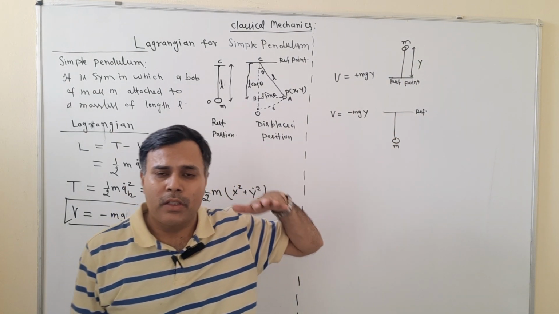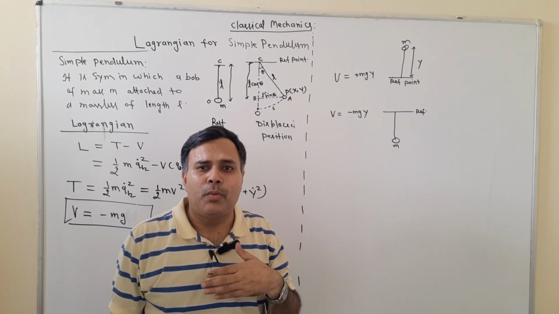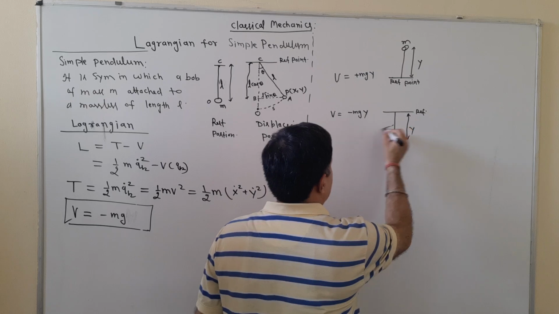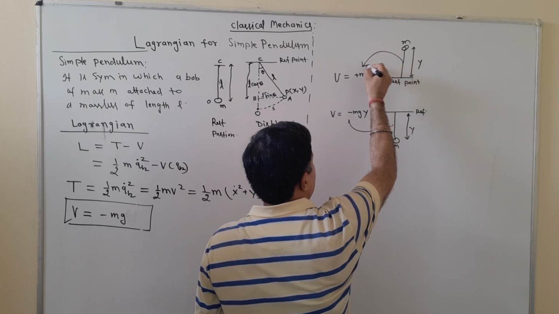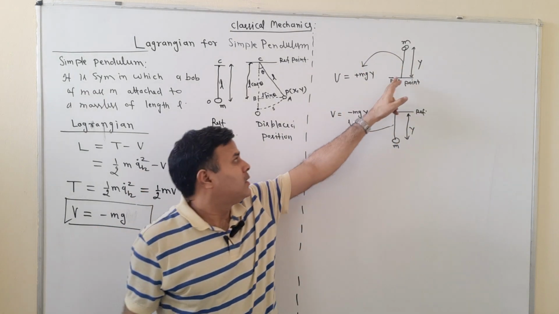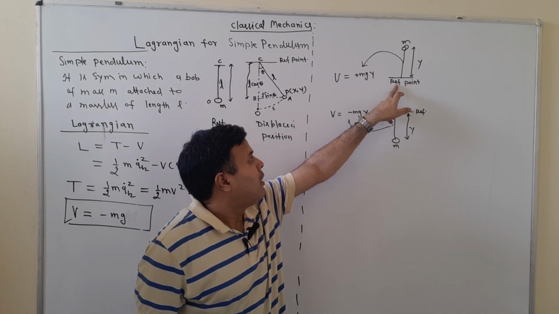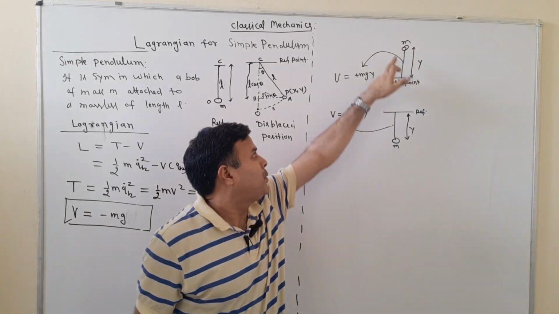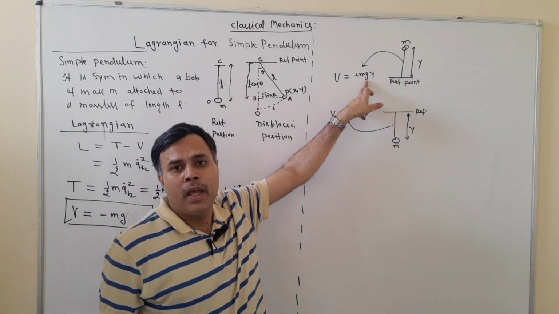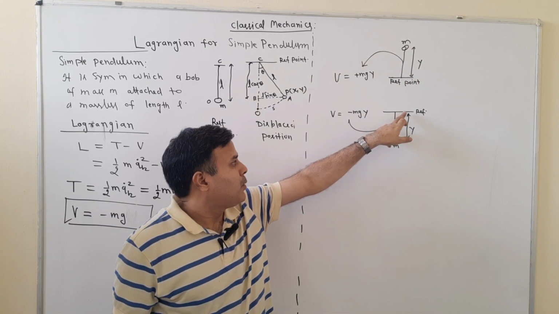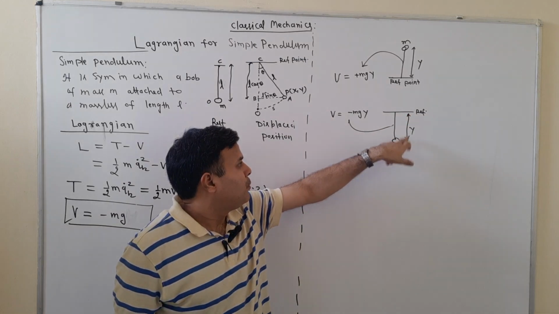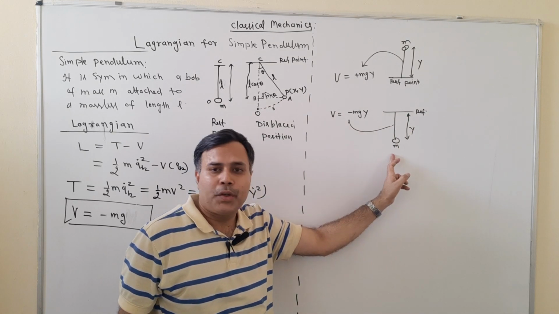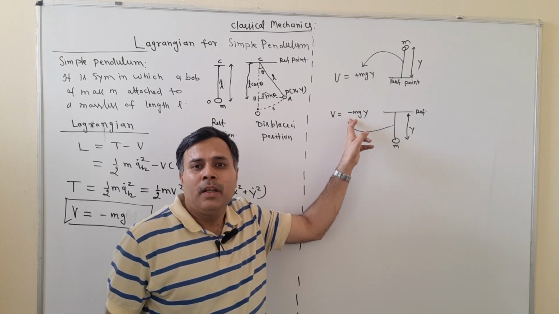If we are looking at our system below the reference point, our potential is minus mgy, where this distance is y. If we are observing our system above the reference point, then our potential is mgy. If we are observing our system below the reference point, then our potential is minus mgy.